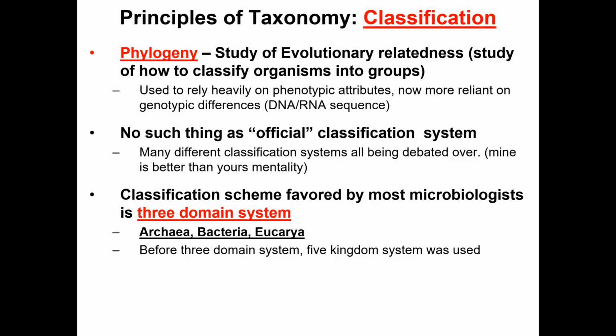Alright, so we're going to look a little bit at classification first, and then we'll come back to it again later on, but just to introduce you to how some of this works. So, classification is such a big area of taxonomy that it gets its own sub-discipline, phylogeny.